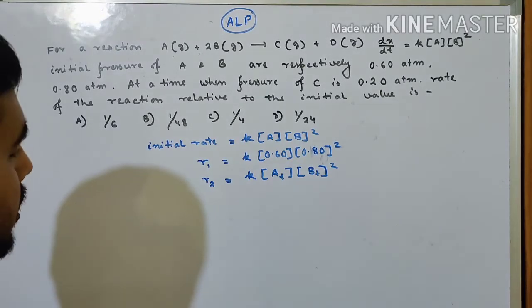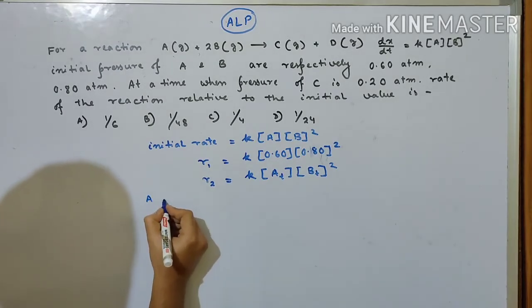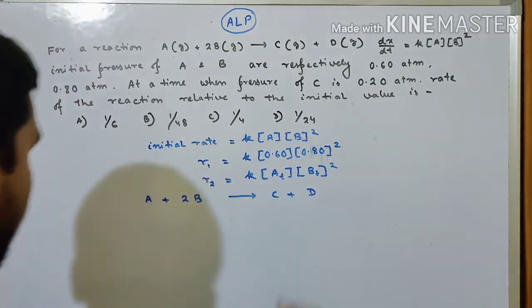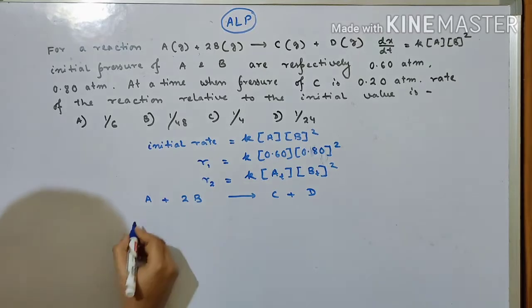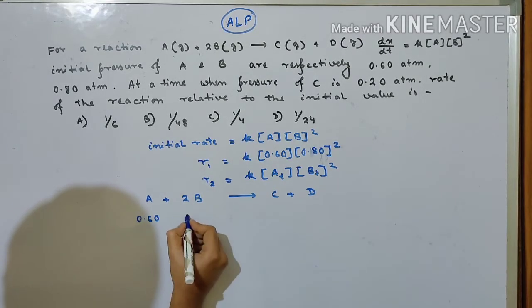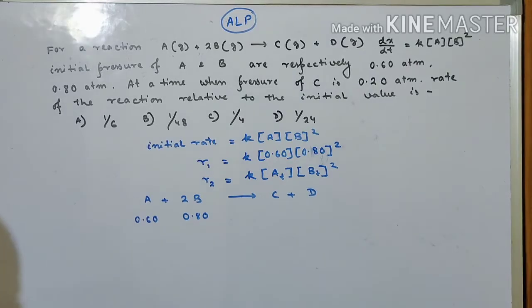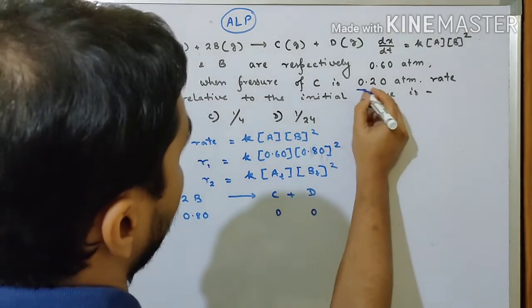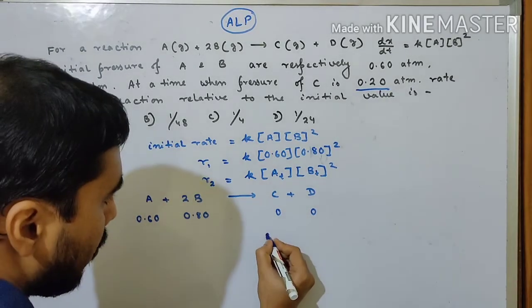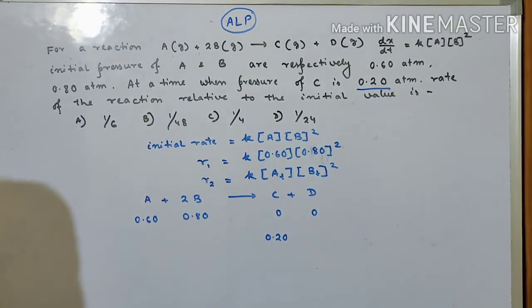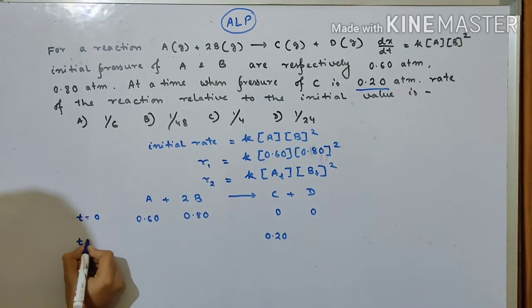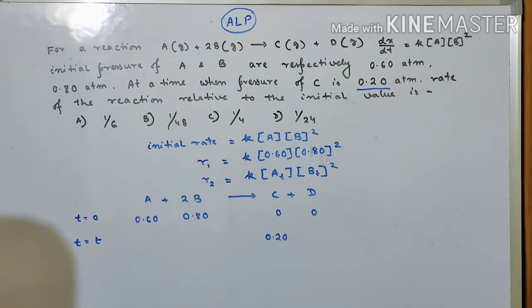Let us see the given reaction. It is A plus 2B giving rise to C plus D. So here it is 0.60, 0.80, and initially obviously nothing is formed on the right hand side. Now after a certain amount of time, the question is when the C is 0.20 atm. That means this is 0.20. So initially at t is equal to 0 and at t is equal to t at a particular time.